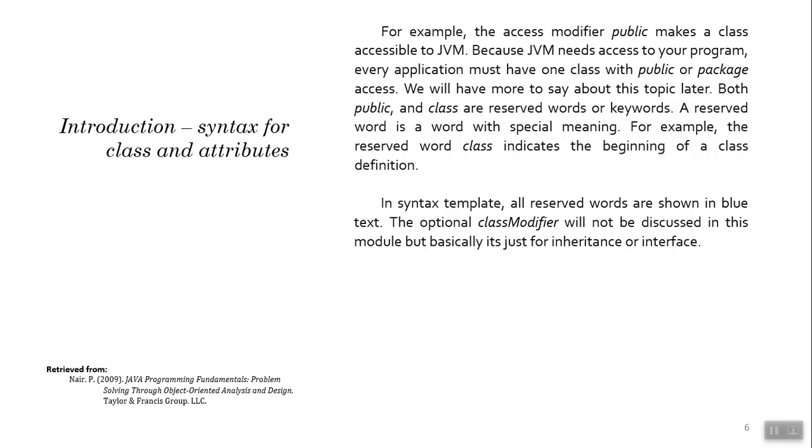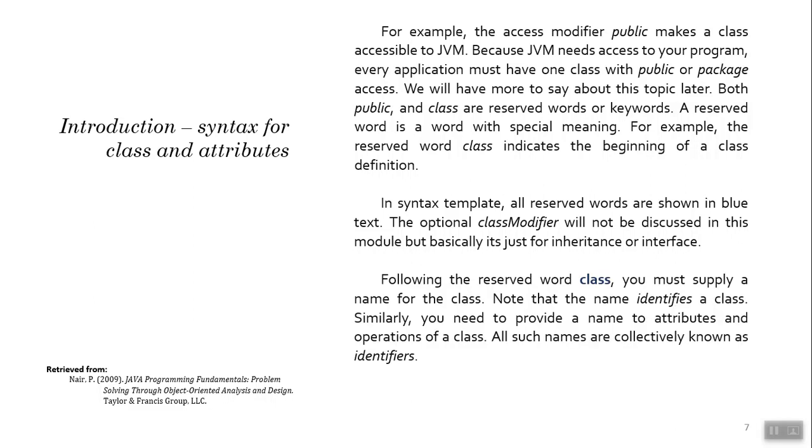The optional class modifier will not be discussed in this module, but basically it's just for inheritance or interface. So there's also a keyword used in inheritance and interface. Following the reserved word class, you must supply a name for the class. Note that the name identifies a class.